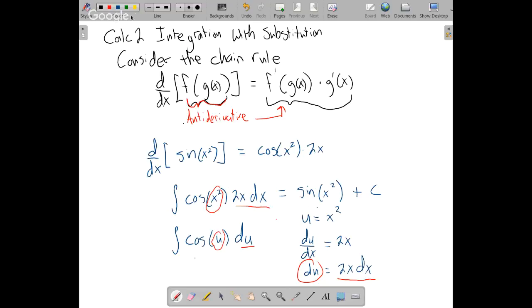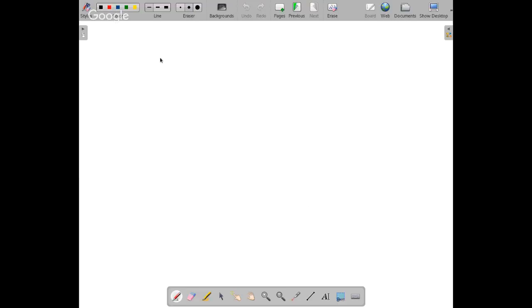So let's just look at another problem. Suppose I had to take the integral of x squared minus 3 to the, I don't know, 4th power, times 2x dx.